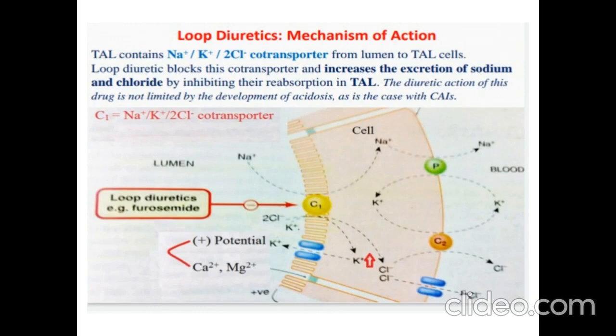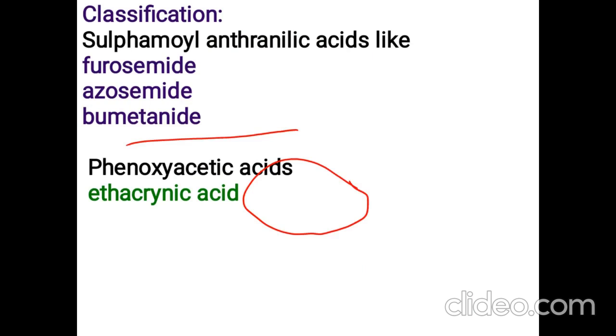You can see here the mechanism of action of loop diuretics. This co-transporter is inhibited by loop diuretics such as furosemide, and due to inhibition of this co-transporter, the reabsorption of these ions is inhibited, hence more ions are excreted through the urine, hence they are the high ceiling diuretics.